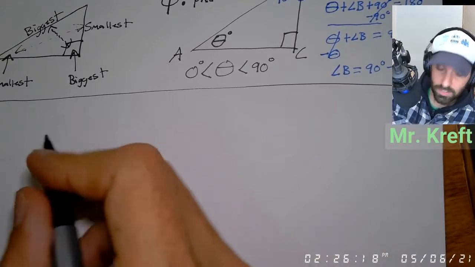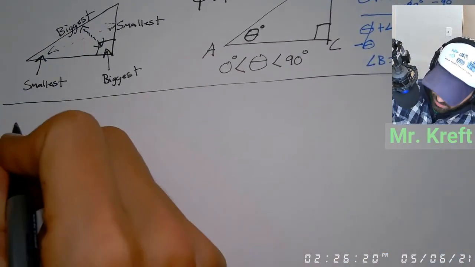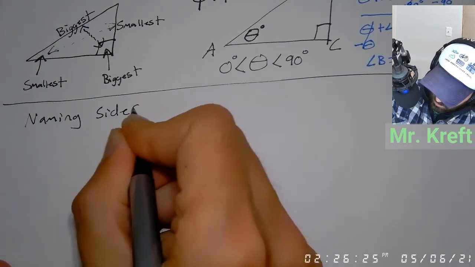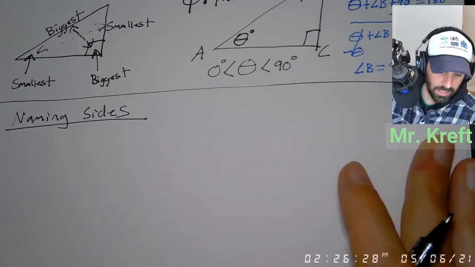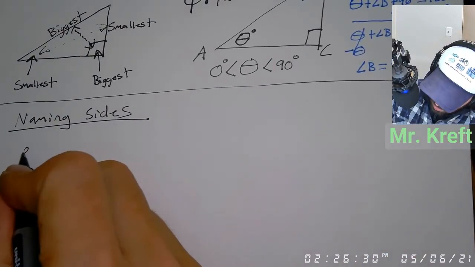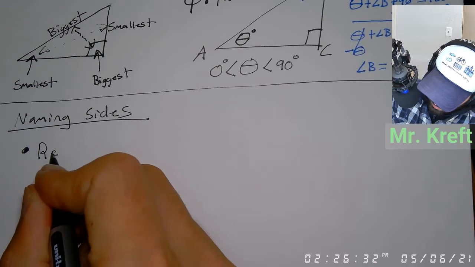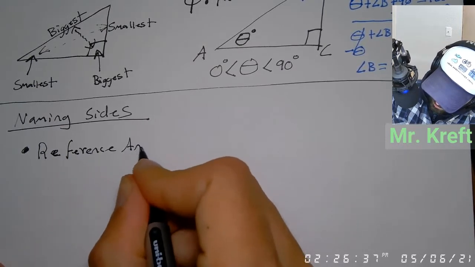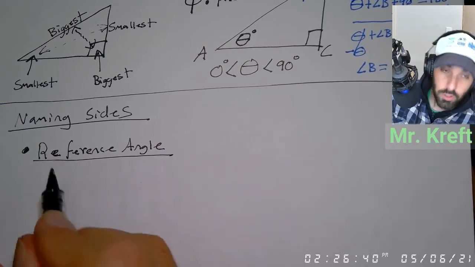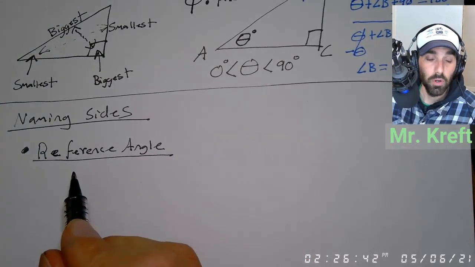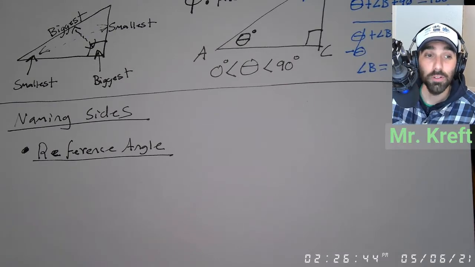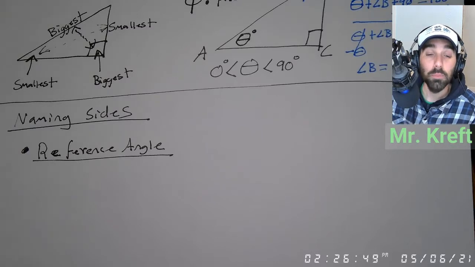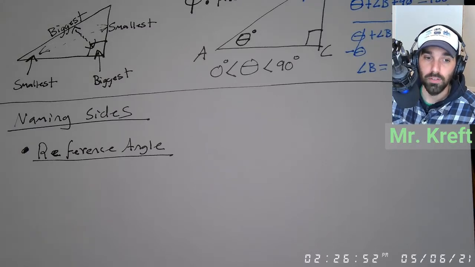Before we get to the tangent ratio, the first thing we have to get good at is naming sides. To name sides, we're going to have something called a reference angle. You might have heard of the word reference before, but not reference as in you need a reference to apply for a job. This is reference in the sense that people have a different frame of reference.